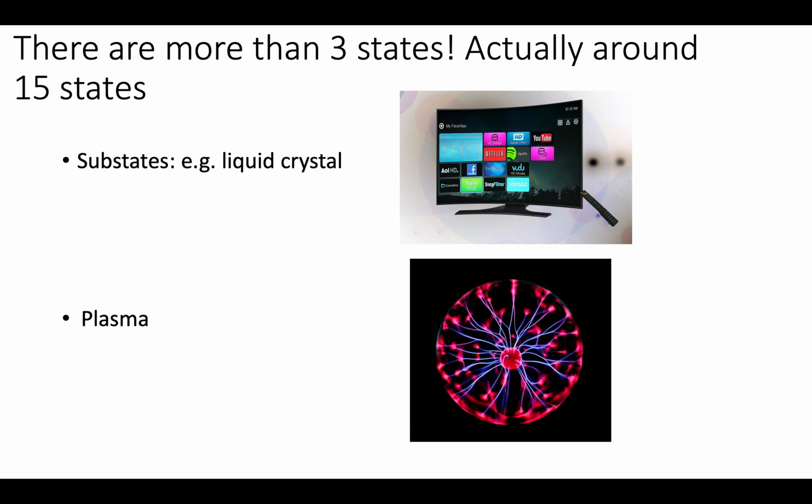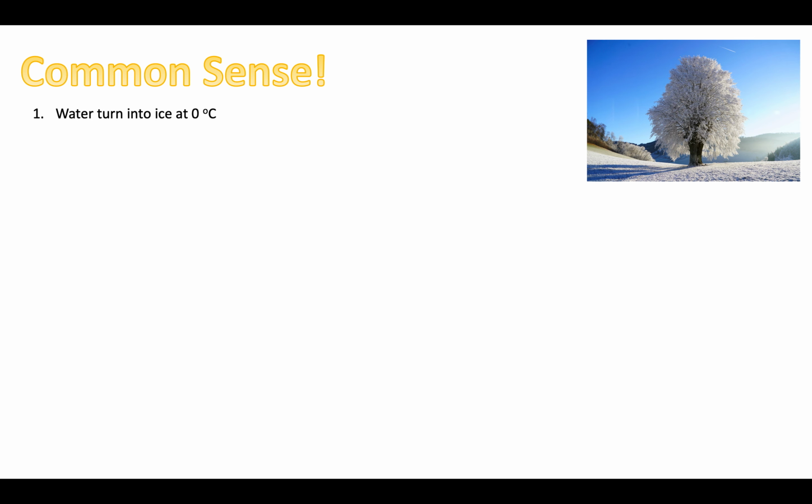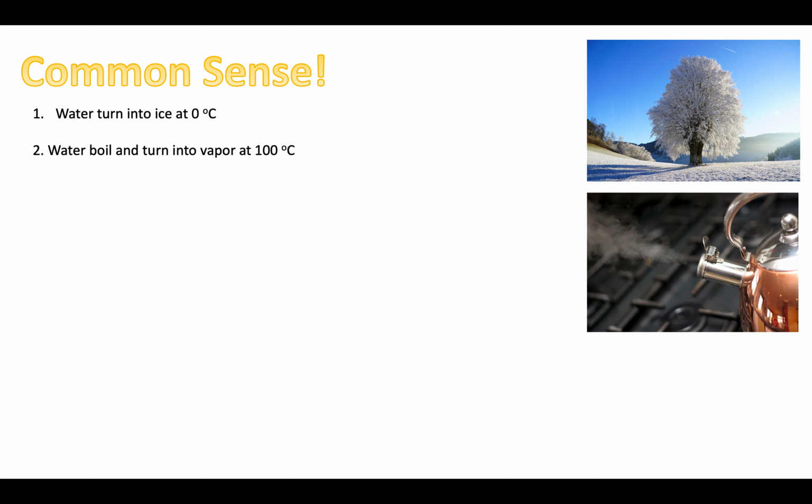Besides questions on this chapter, what's more important is common sense. There are just a few things we need to know. Water turns to ice at 0 degrees C, and water boils and turns into vapor at 100 degrees Celsius. In chemistry, sometimes a question will specify that you're doing this at STP, so we don't have to talk about pressure right now.